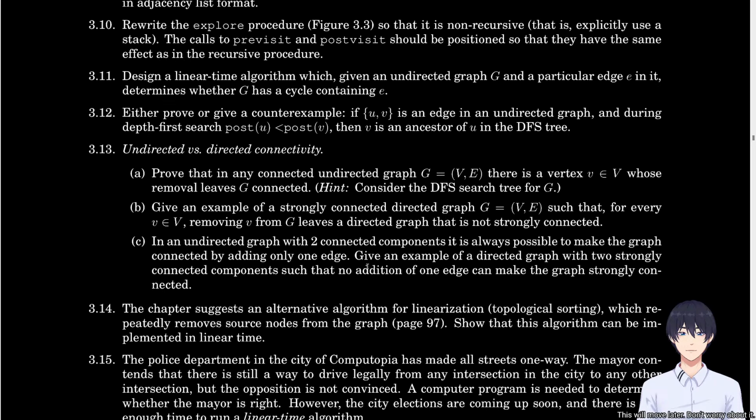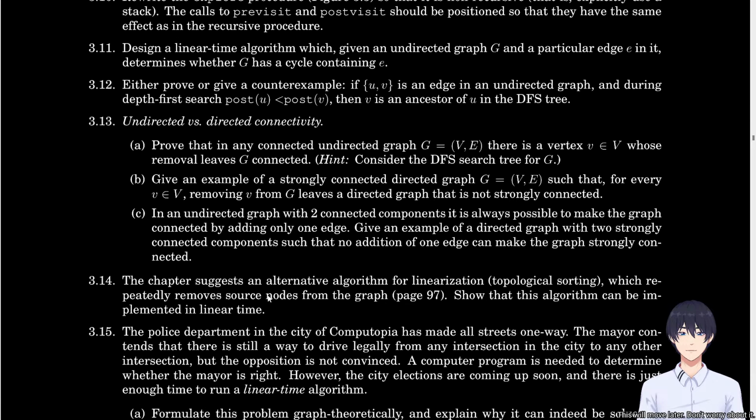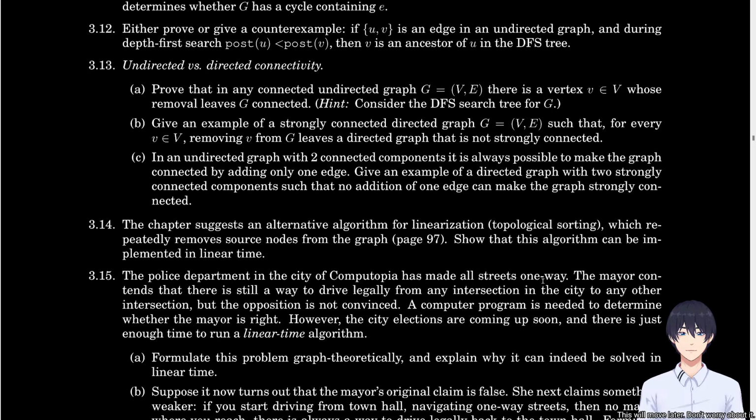Directed graph, two SCCs. Let's say there are two loops. Directed. You just say one edge from one to the other. It's not a strongly connected component because there's no edge going back.